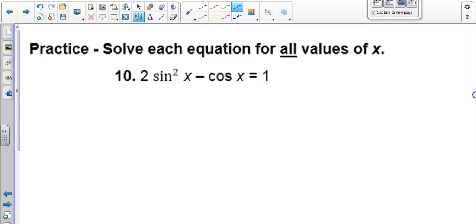Add that cosine over and then square it. No. We could add the cosine over the other side and square both sides. I would do a substitution from the beginning so that I didn't have to square both sides. I can't get rid of cosine, but what can I trade the sine squared for? So that I only have cosines.